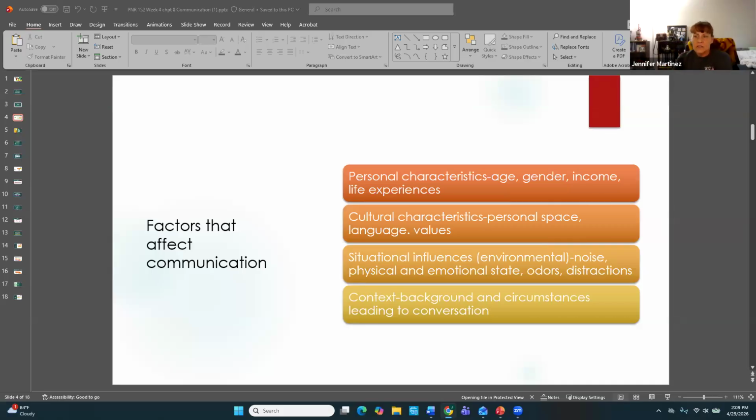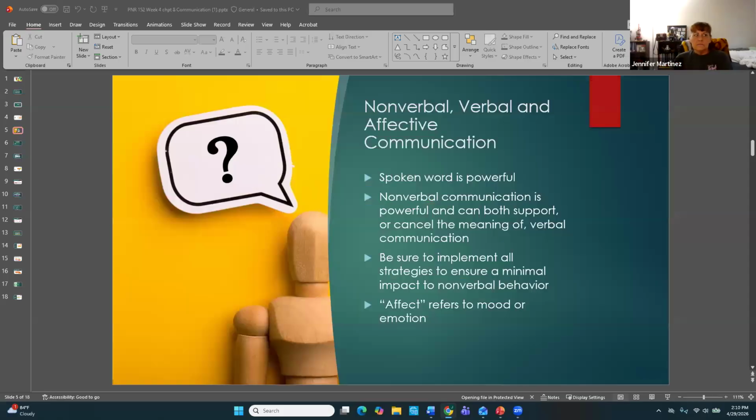If somebody is anxious, waiting on test results, and we're going in and we have to give them some not so good information, that also can be a barrier to communication, or affect the communication style that we are going to experience within that time frame.